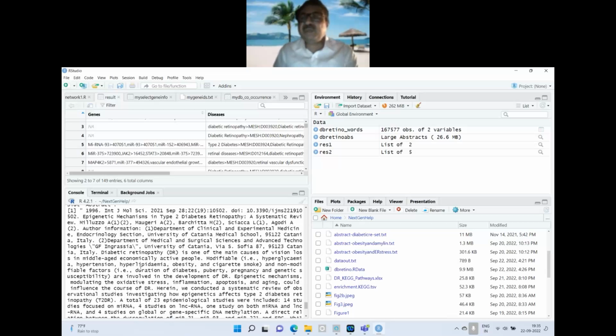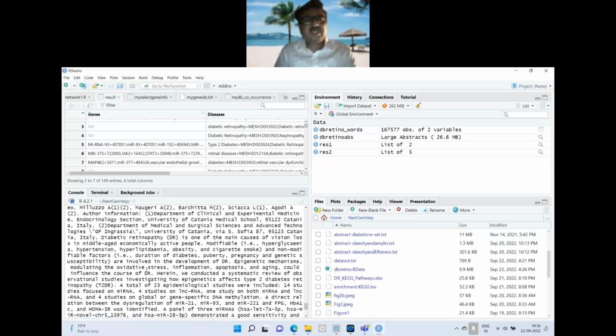So if we have the PMID and the abstract corpus, then you can get that particular paper abstract using this PMID to abstract function in the package.